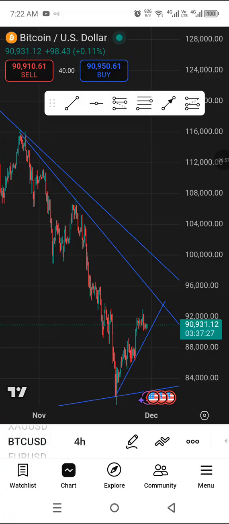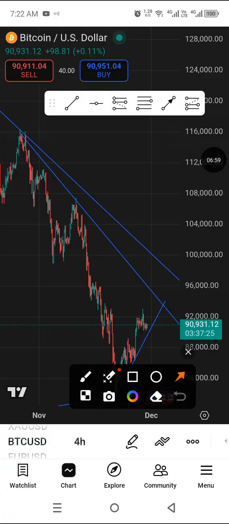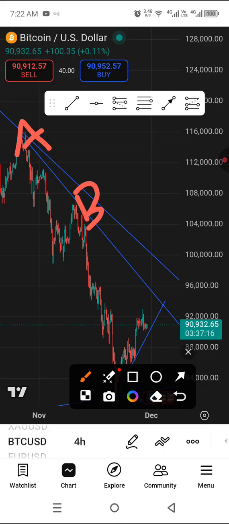Now I said we can name these points where it touched on the daily time frame as A and B. Now on the 4-hour time frame, this B here is going to turn into your A, as it becomes the beginning point on the 4-hour time frame.